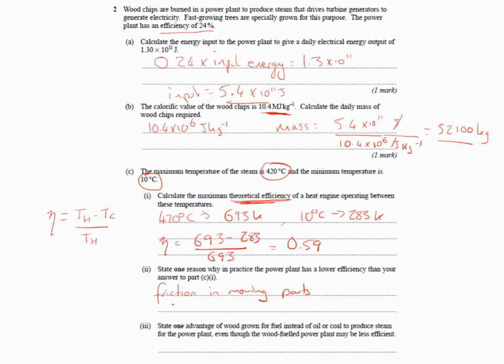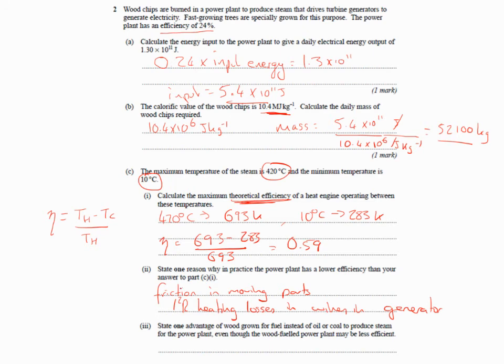We could say very specifically things like I squared R heating losses in wires in the generator. So very clearly saying that the wires are going to heat up because they have some resistance.